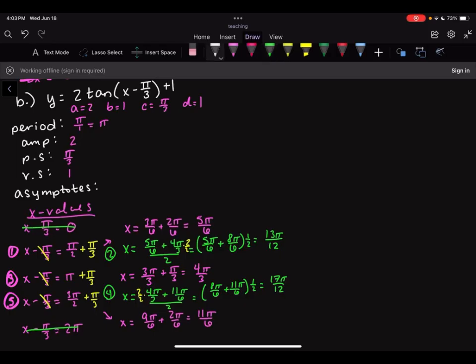So for my graph, I'm going to have 5 pi over 6, 13 pi over 12, 4 pi over 3, 17 pi over 12, and then 11 pi over 6.